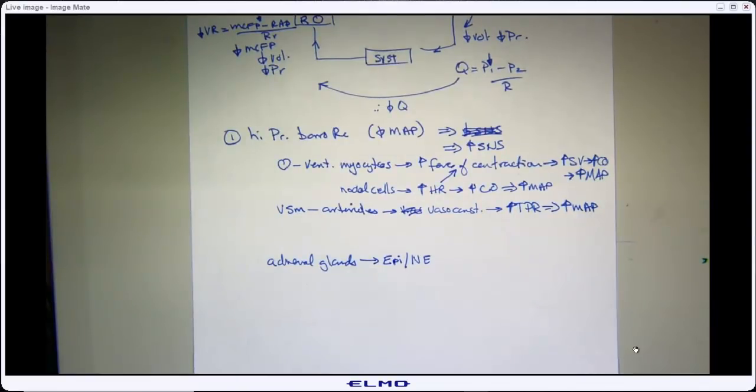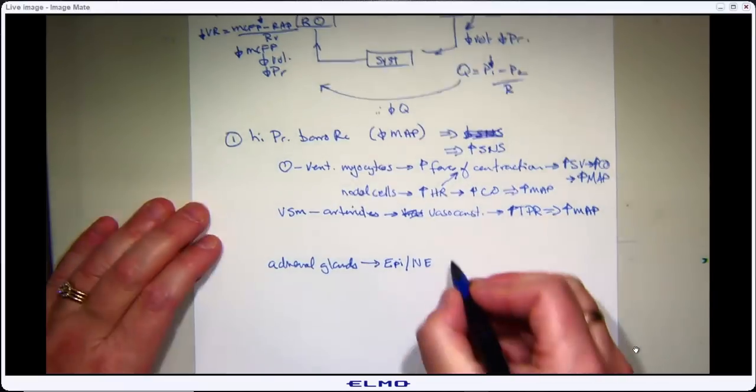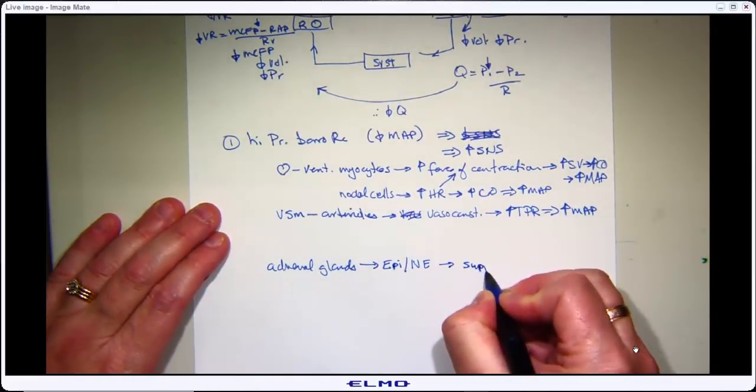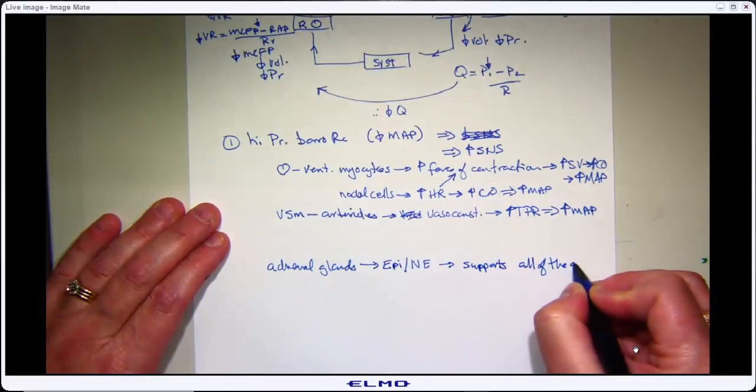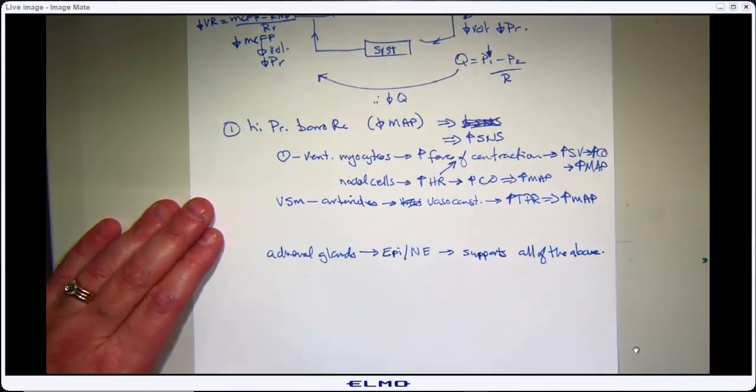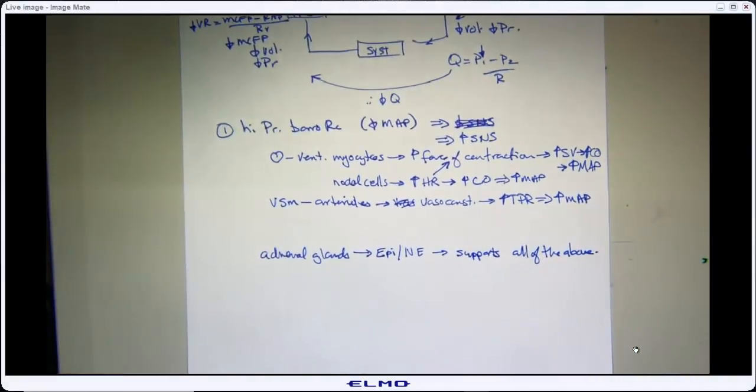Because all of the things we've already said are based on an adrenergic membrane receptor population. So we're going to spit out epinephrine and norepinephrine. It's going to find the same adrenergic membrane receptor population. So that really is going to support all of the above that we've got so far. Perfect.